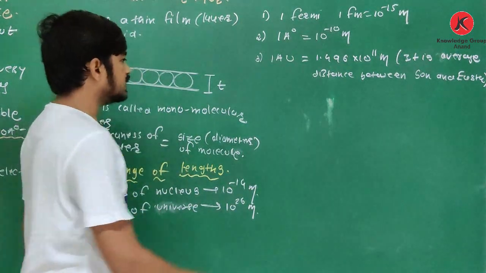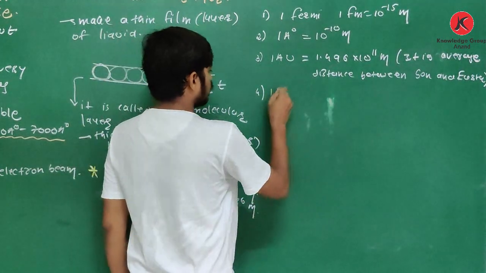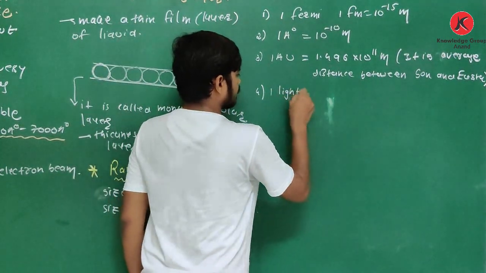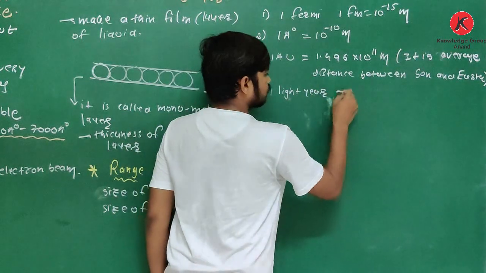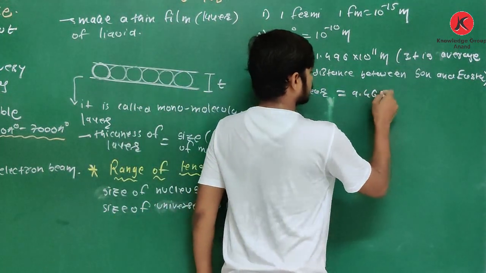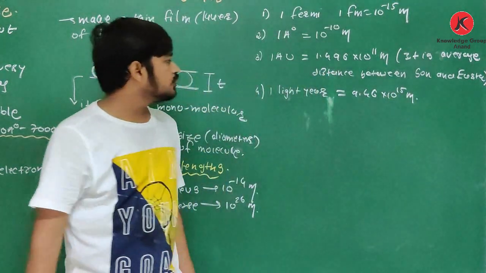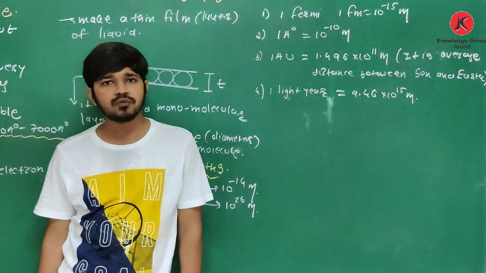Okay, the next one, number 4, is 1 light year. What is 1 light year? 1 light year is equal to 9.46 into 10 raised to 15 meter. Now how to define 1 light year?